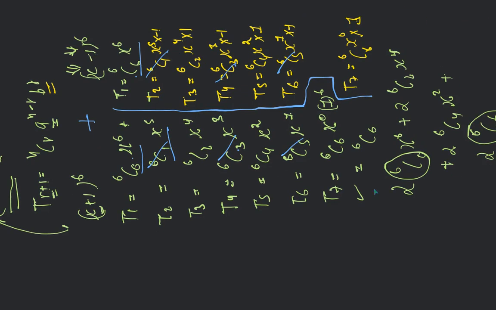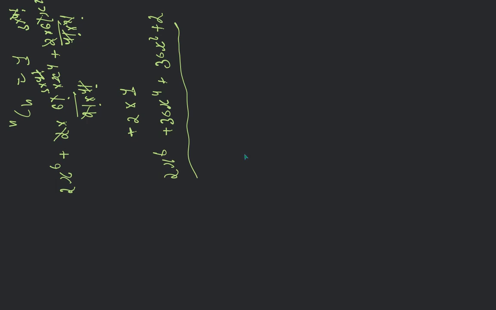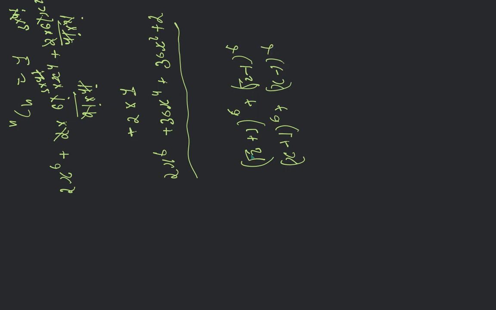If we compare with the formula which we have derived, this is nothing but the formula which we expanded, x plus 1 whole to the power 6 plus x minus 1 whole to the power 6. So in place of x we are getting root 2, and the 1 is also present.